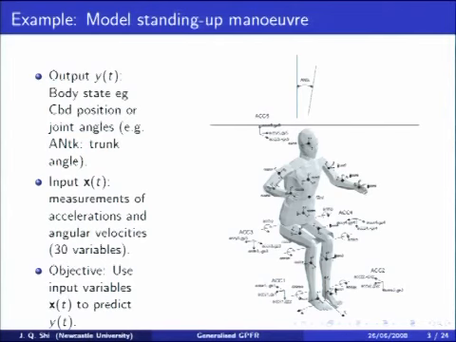Those are the positions of sensors attached to different parts of the human body. In our project there are a total of 30 variables. Our objective is to use the input variables x(t) to predict y(t). Because this is a standing up maneuver, all those y(t) and x(t) are functional data.